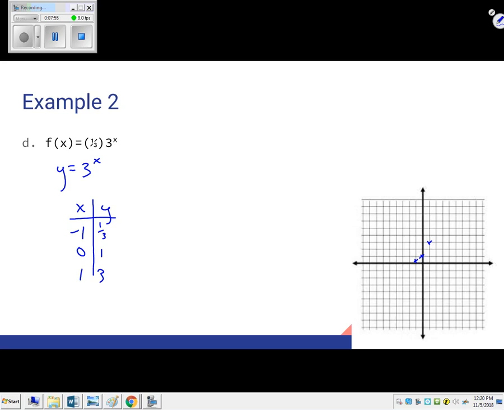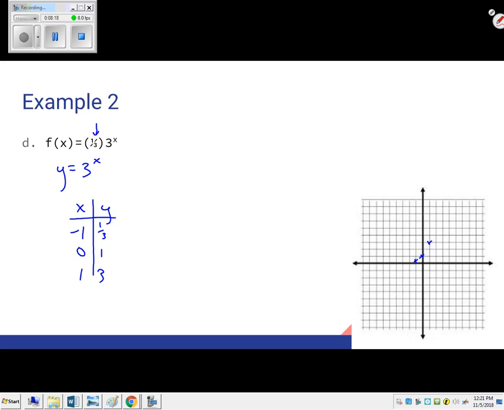But this 1/3, it's outside the function because it's outside of the exponent. And it's being multiplied. Whenever it's multiplying, that's either a compression or a stretch. In this case, it's going to be a compression because it's less than 1. So I'm going to take all these blue x's right here, and I'm going to squish them by a factor of 1/3.